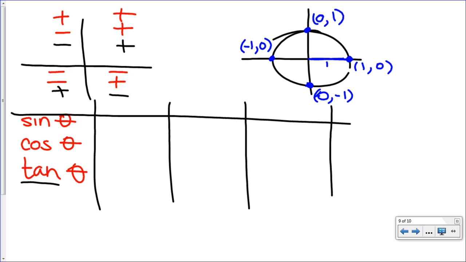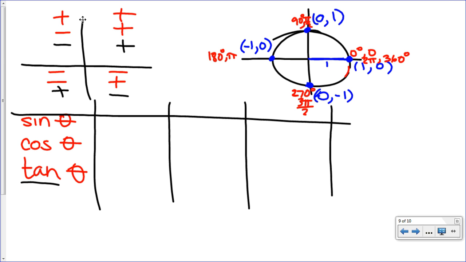Okay, and so we should also know the angles that correspond to that, right? So 0, 90, or pi over 2. This will be 180 for pi. Down here we have 270 degrees, 3 pi over 2. And finally, here, once we complete a rotation, we will have 2 pi and 360.